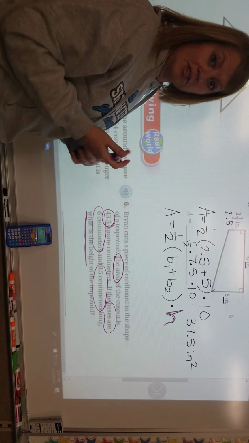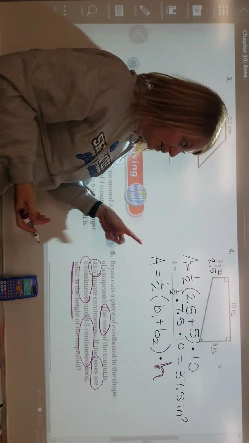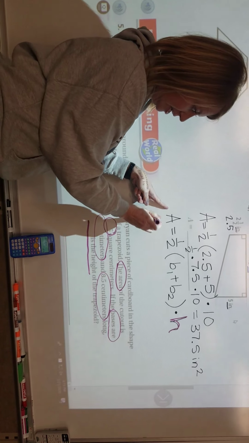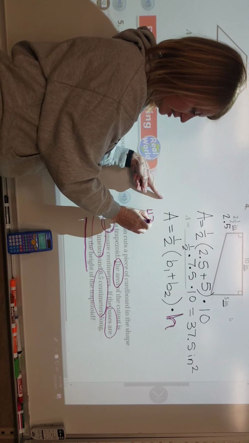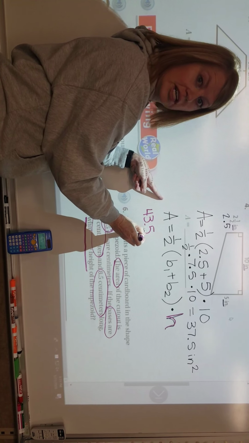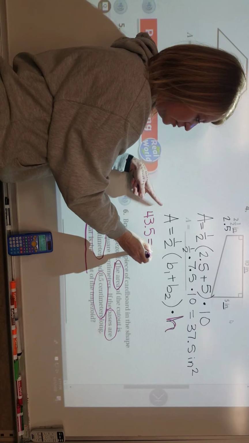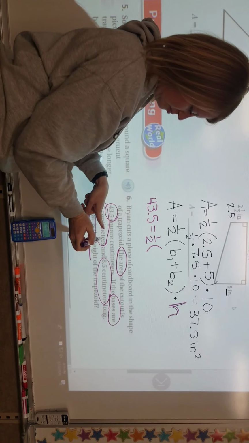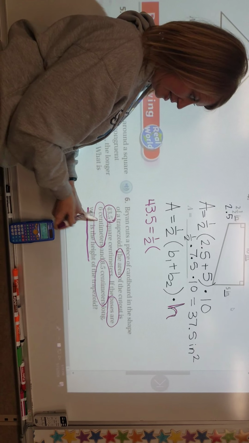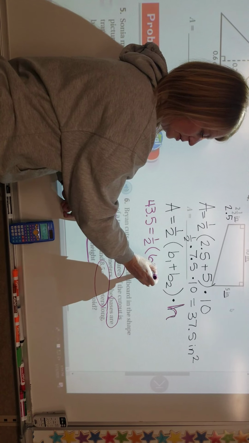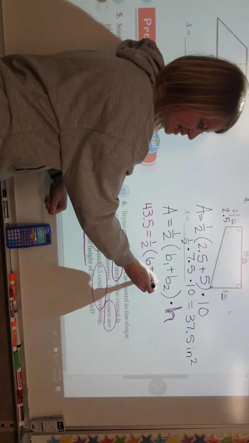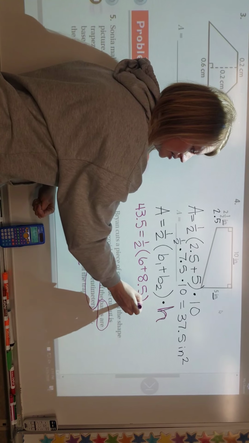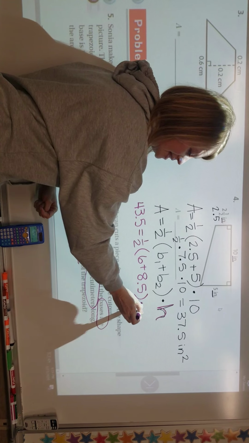Now I'm just going to start plugging in information that I know. Area was 43 and 5/10. So 43 and 5/10 equals 1/2 times, one of my bases was 6, plus the other base is 8 and 5/10, times the height.